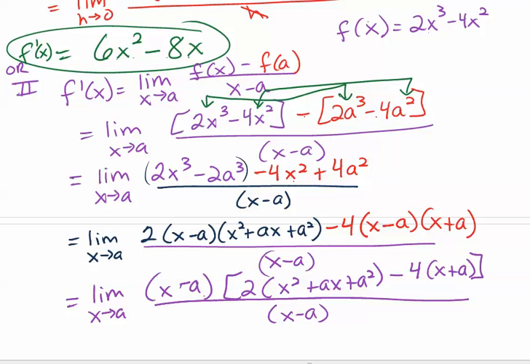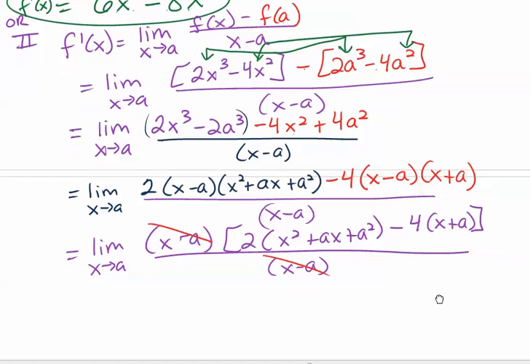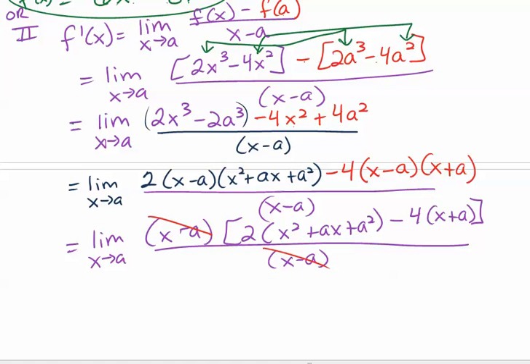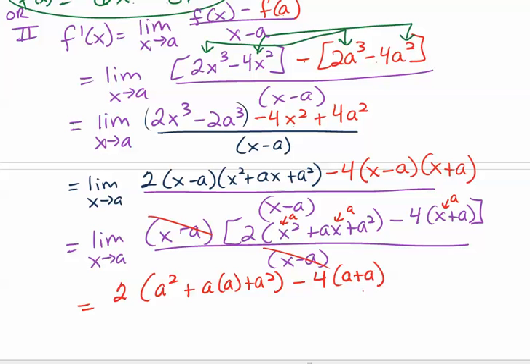And now we've solved our 0 over 0 problem once we cancel. So now we're ready to do our limit operator. And our limit this time says let the x's go to a's. So each of these x's are going to become a's. Let x go to a. So when we do our limit, we will have an a squared plus an a times an a plus an a squared minus 4 times an a plus a.